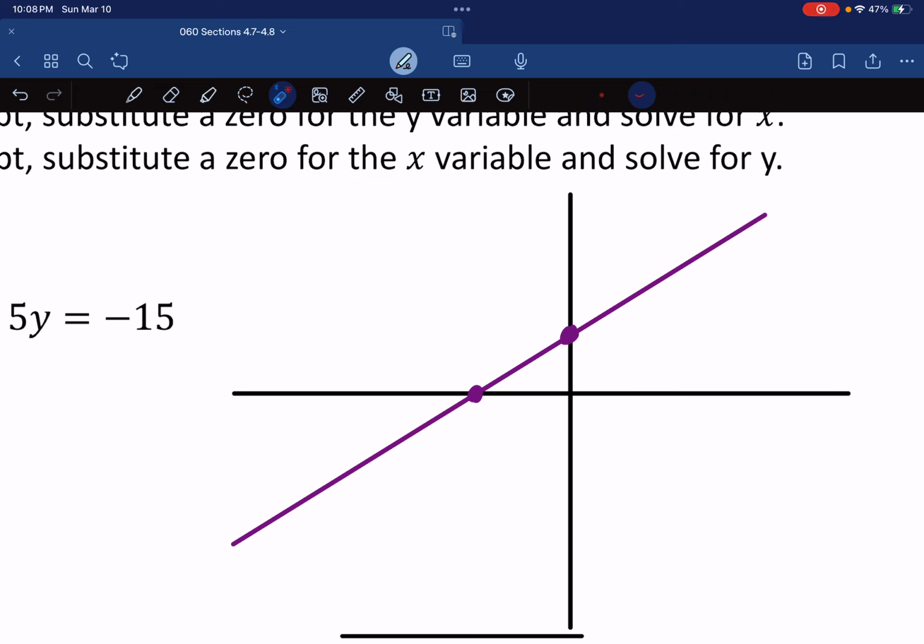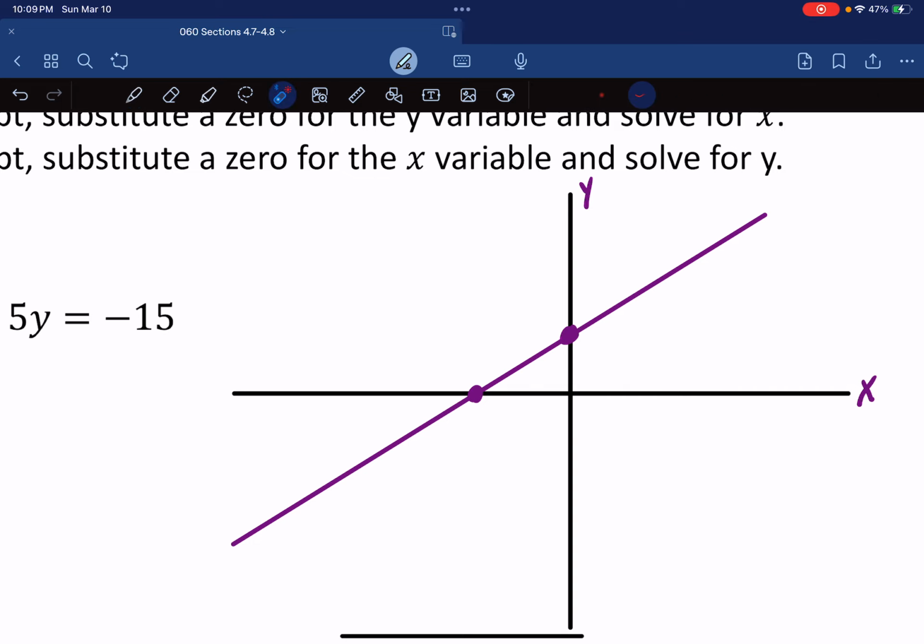This line intersects the x and y axis. We have the intersection of the y-axis here and the x-axis here. Just a reminder that this is the y-axis and this is our x-axis. The x-axis is horizontal, the y-axis is vertical. They intersect at the origin, creating our coordinate plane.